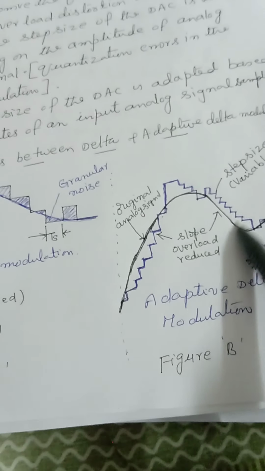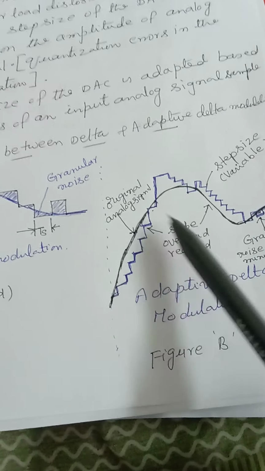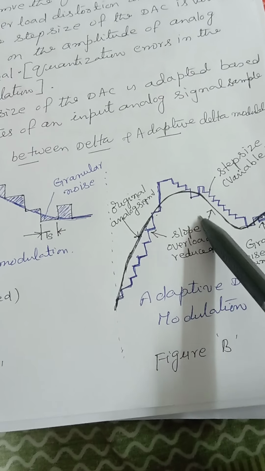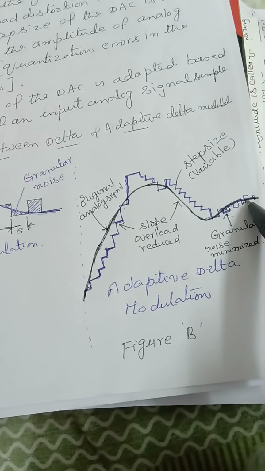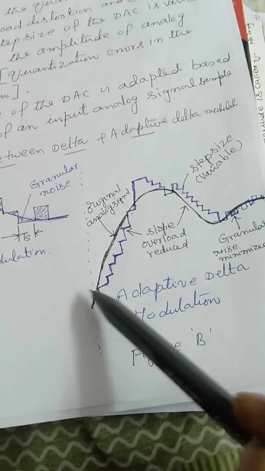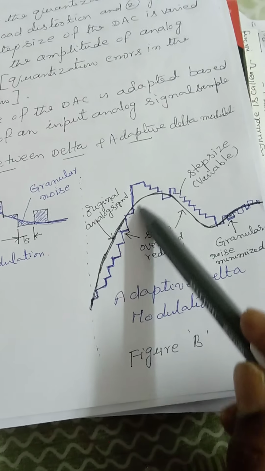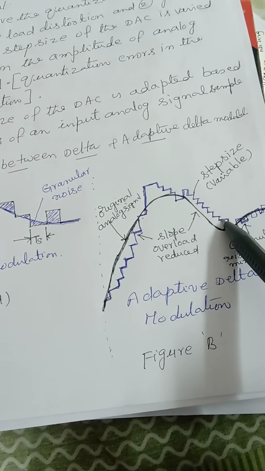Now come to the adaptive delta modulation system. Now the black line indicates the analog input signal, and the blue color indicates the step size.